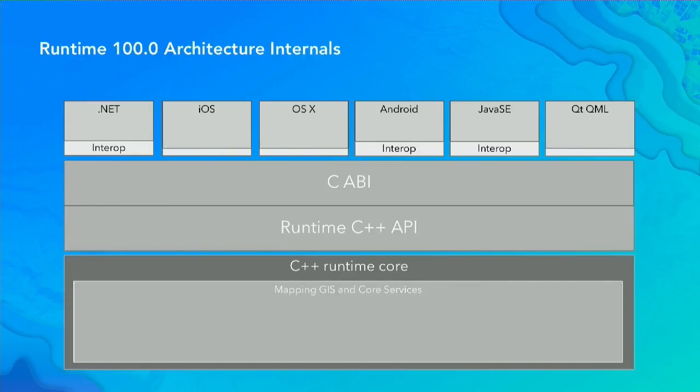But our C++ code makes heavy use of modern C++. As new aspects of the standards come into the compiler, we want to make use of them. And we're quite aggressive on that. And so we evolve our compiler toolchain of the core very rapidly. The public APIs, they don't have that luxury.